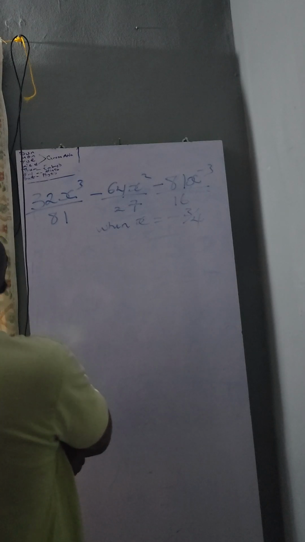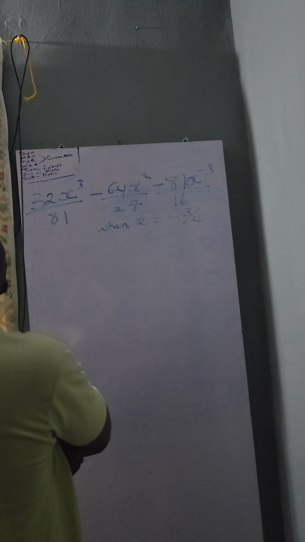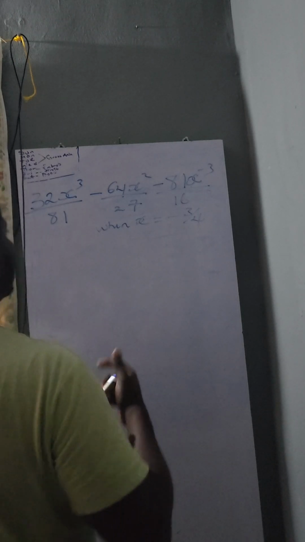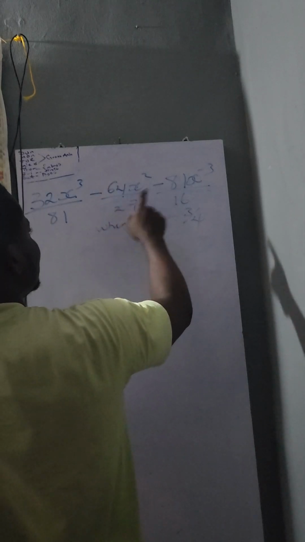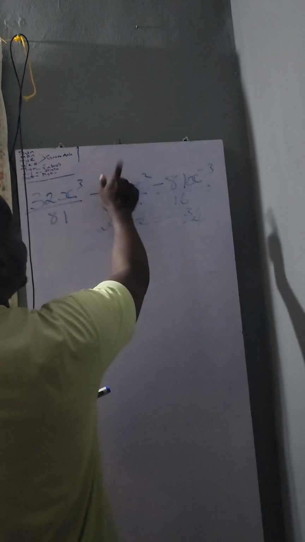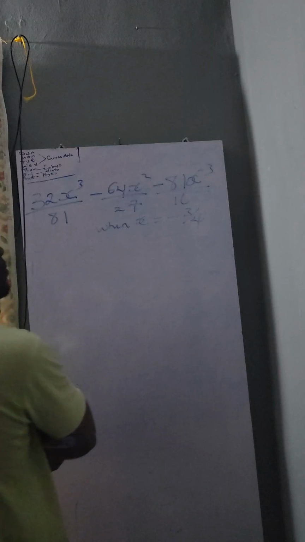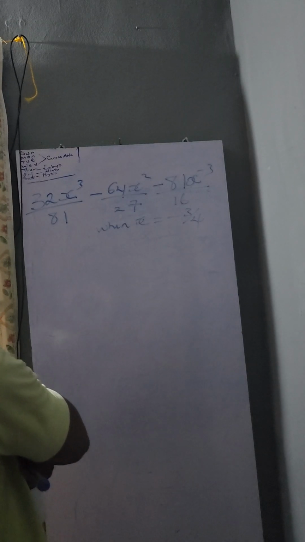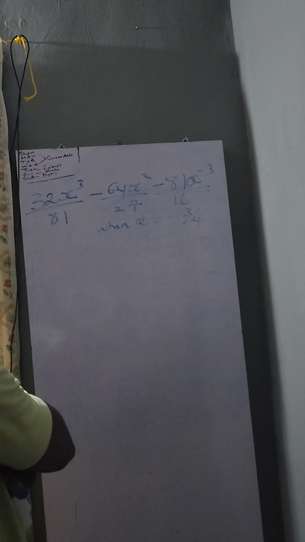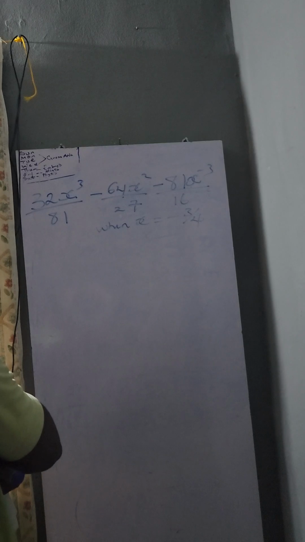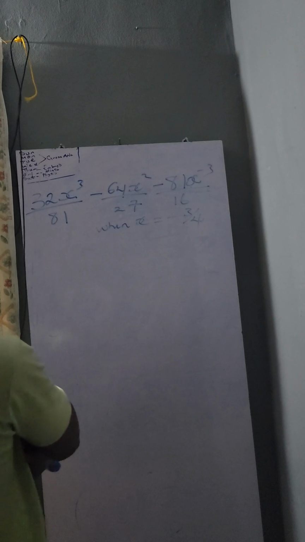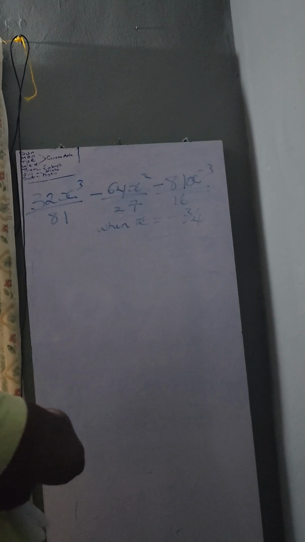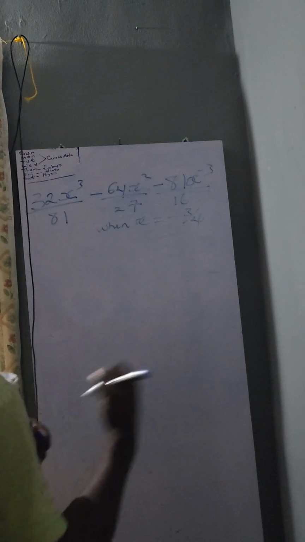You can turn it to the simplest term. Something is common here. 3, 3, 2, 2, 2, 3. Something is common. Are you seeing what I'm saying? Probably without disturbing ourselves, let's substitute.